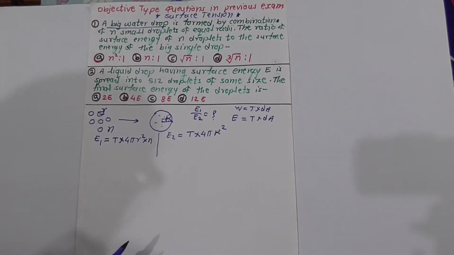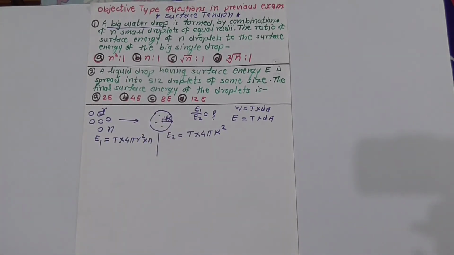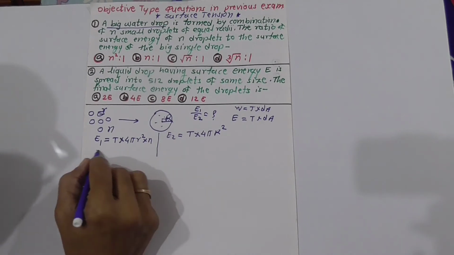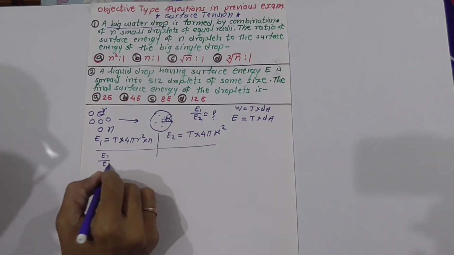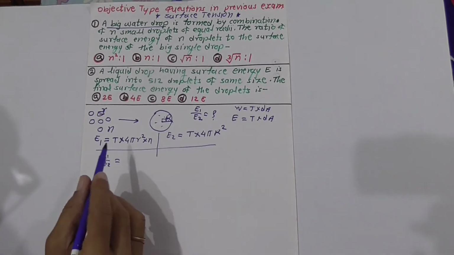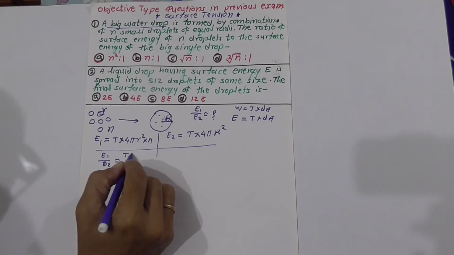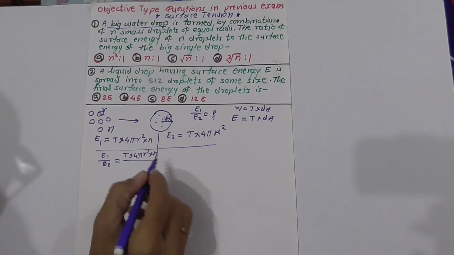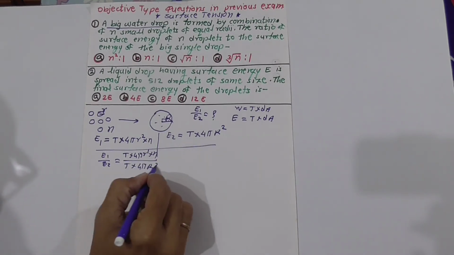Let me now find E1 upon E2. E1 upon E2 is equal to T into 4 pi r square n upon T into 4 pi capital R square.